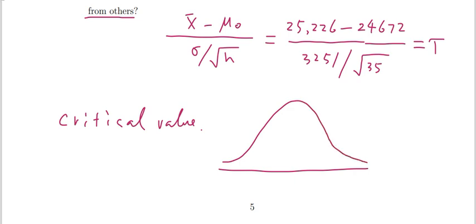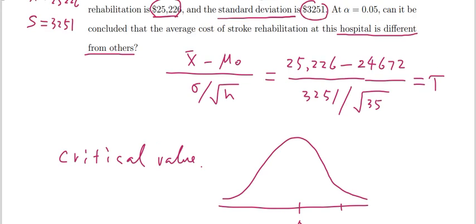So at first we will check the t table. This critical value depends on alpha. So alpha is 0.005. Then there's two tail or one tail.